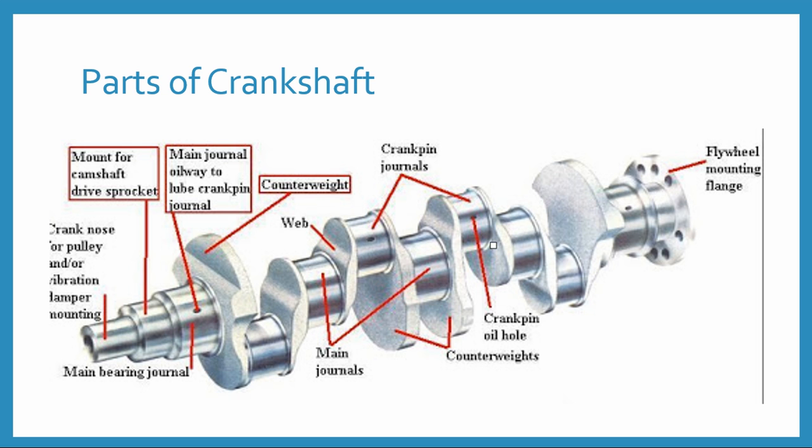As it has 4 crank pin journals, it also has 1, 2, 3 and 4 main bearing journals. So in a 4-cylinder engine, as there are 4 engine cylinders, it also has 4 crank pins as well as 4 main bearings.